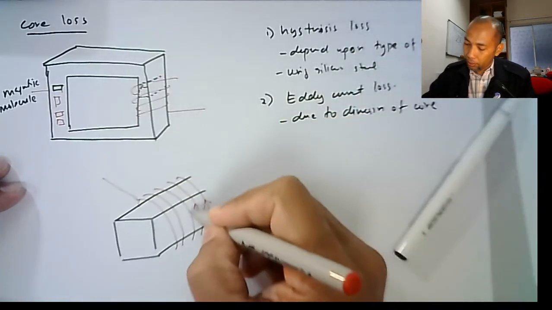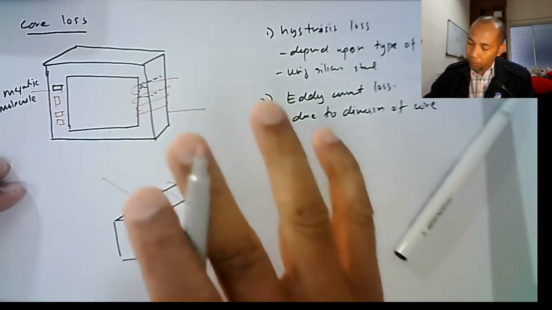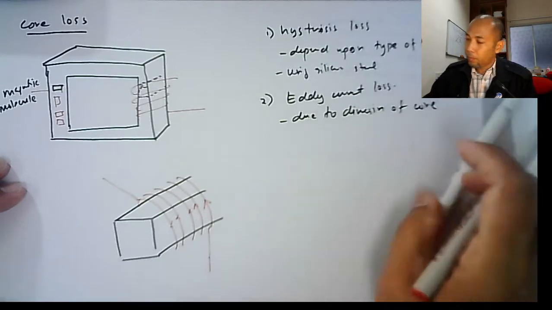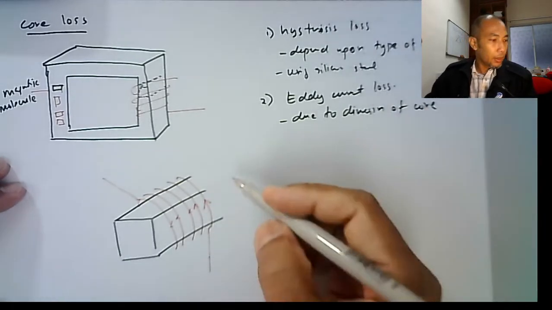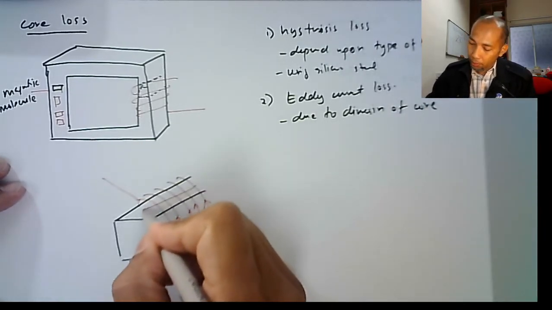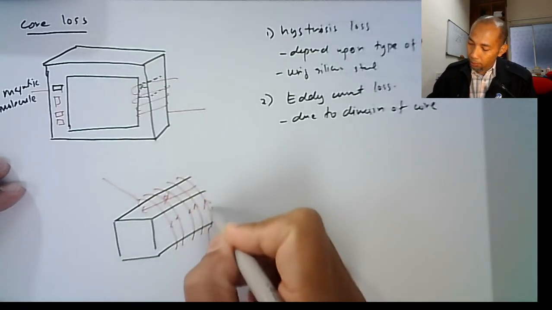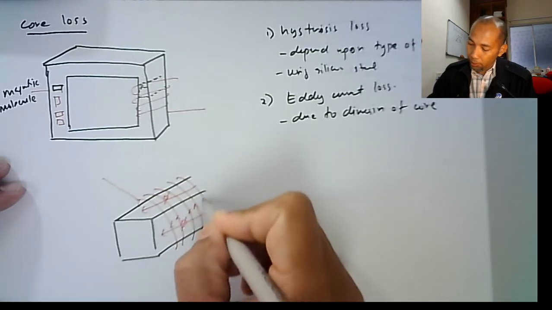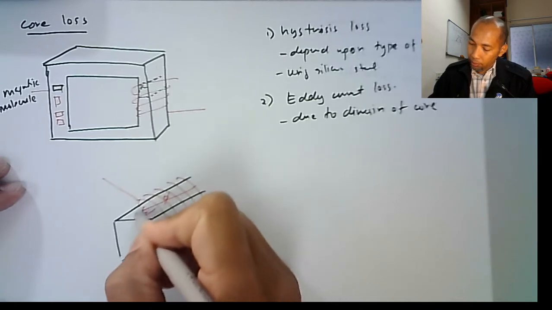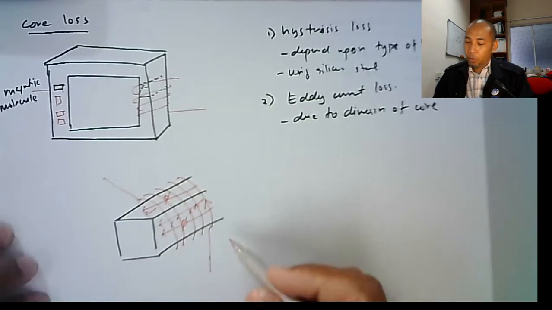So the current will produce magnetic flux like this. Flux like that.